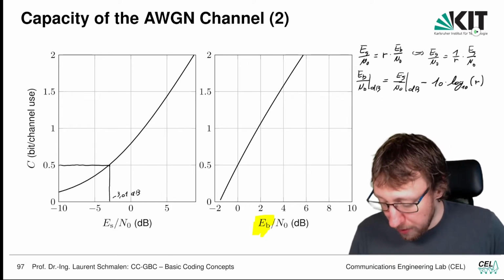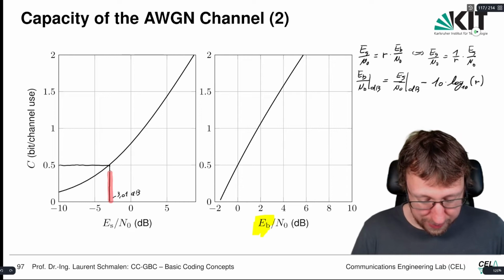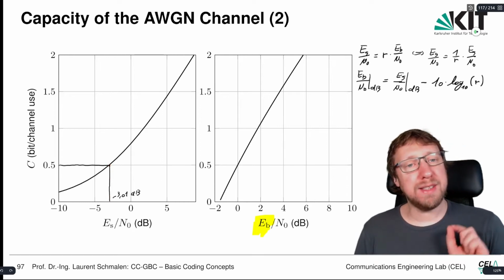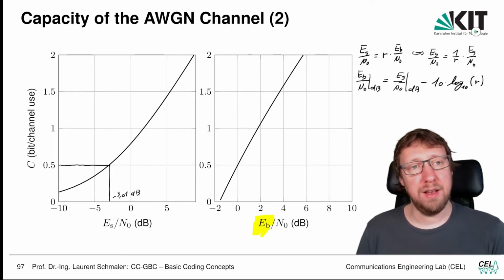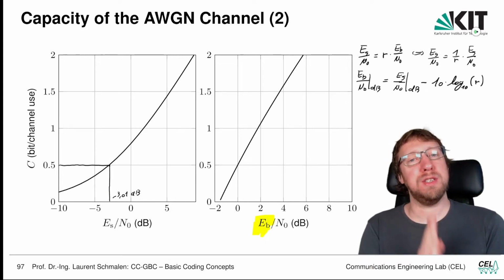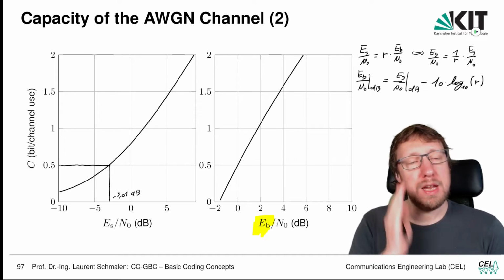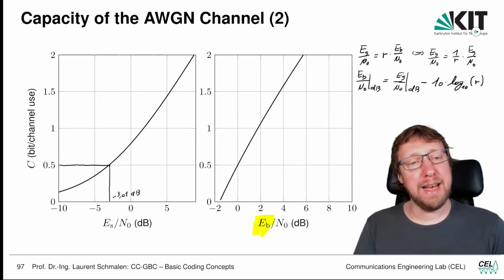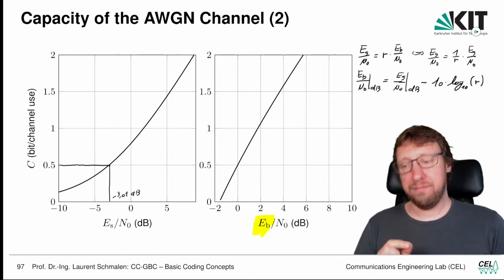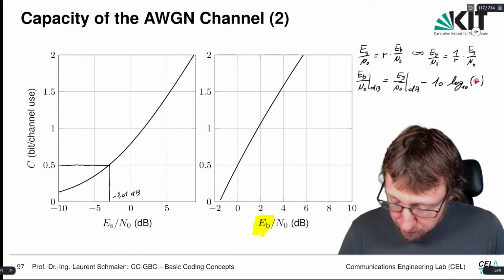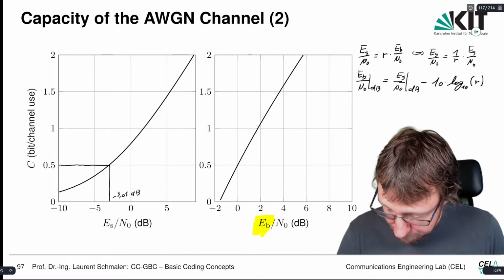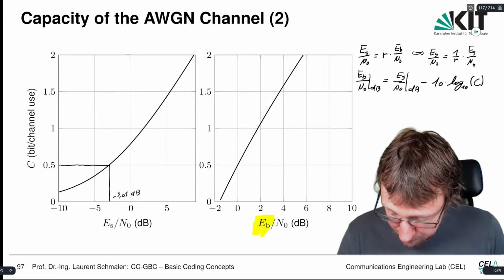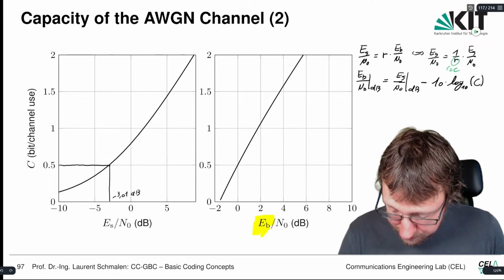If we operate at a certain ES over N0, then we assume that the rate is equal to the capacity because we choose the best possible code that we can have. The best possible code has a rate equal to the capacity. So we insert the capacity here, because the rate is equal to C.